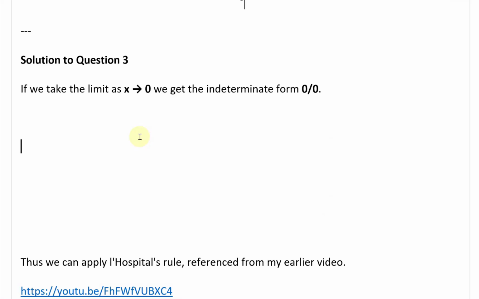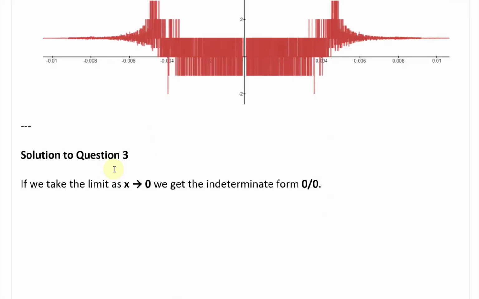If we take the limit as x approaches 0, we get the indeterminate form 0 over 0.